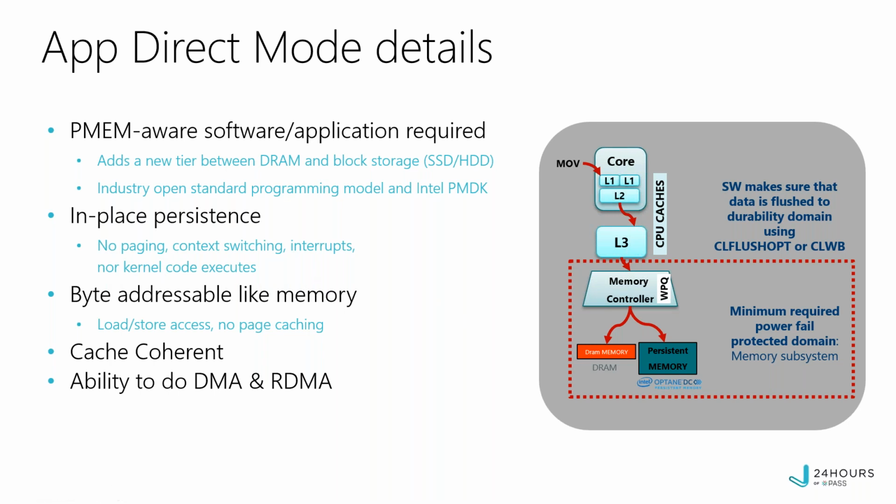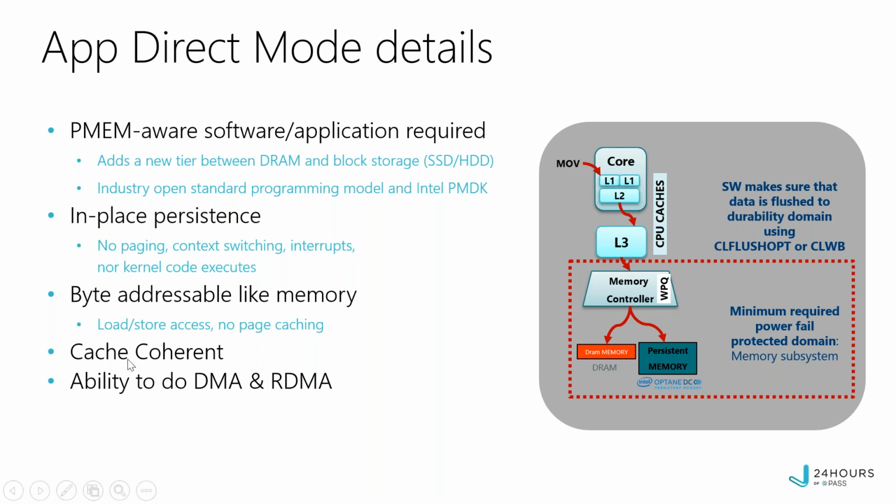Everything happens in place, so there's no paging, no context switching, no interrupts, no kernel code to be executed to move data from one side to another. We are just doing a load and store on the media. So it's really a different concept of how we persist data from the old disks.